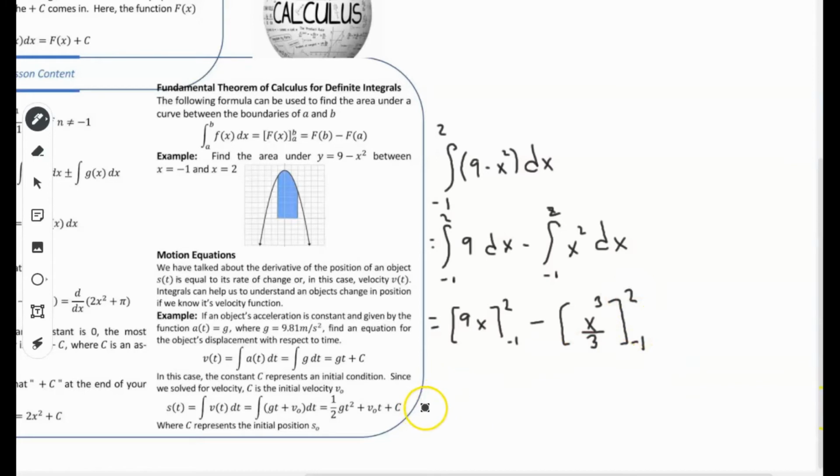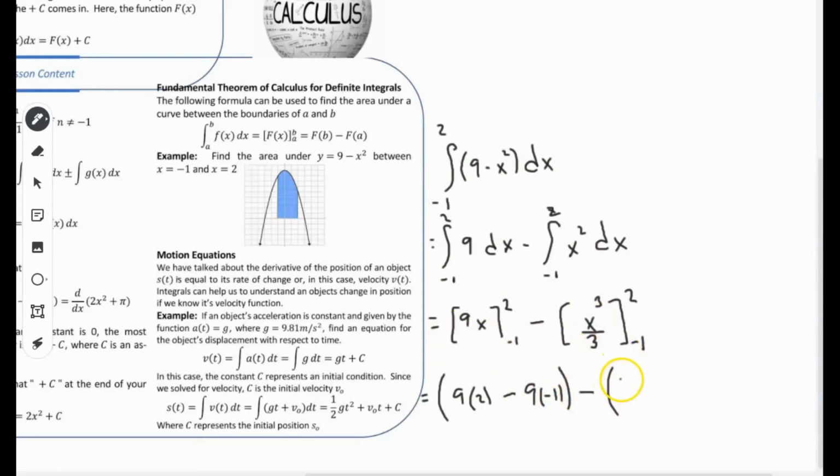So to apply it between -1 and 2, for the first one, what we'll do is, first, the value at 2, so 9 times, substitute 2 in for x, and then subtract the value of that function at -1 in our case. So -9 times, substitute -1 in for x. And then we're going to do the same thing here.